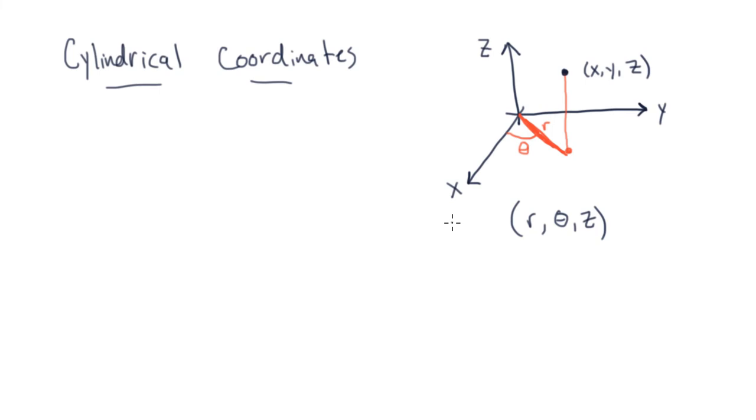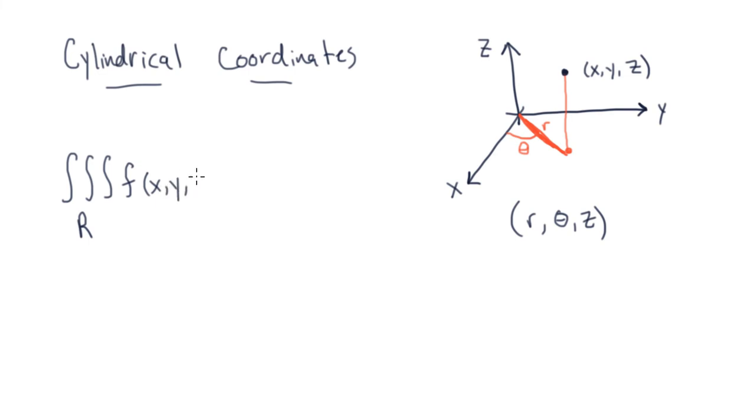Okay, so how do we actually implement this in an integral transformation? If we have our integral over a region, and the keyword here is cylindrical, if we notice our three-dimensional volume region has some kind of cylindrical symmetry, or basically symmetry about the z-axis, then we may want to try to describe the region using cylindrical coordinates.